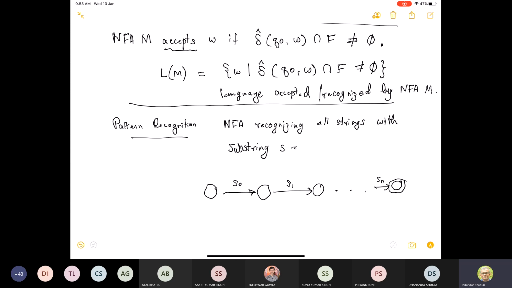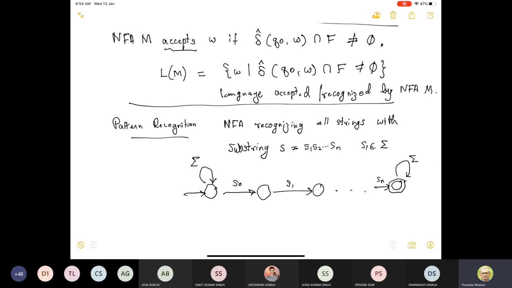Say the substring S is S1, S2, up to Sn, where each of these Si is just a symbol in sigma, right? So this is what it is. I write sigma here to mean that there is a transition for each symbol in sigma, and similarly at the initial state. So at some point, the automaton just guesses when it sees S1 that this is the beginning of the pattern, and I'll go through this.